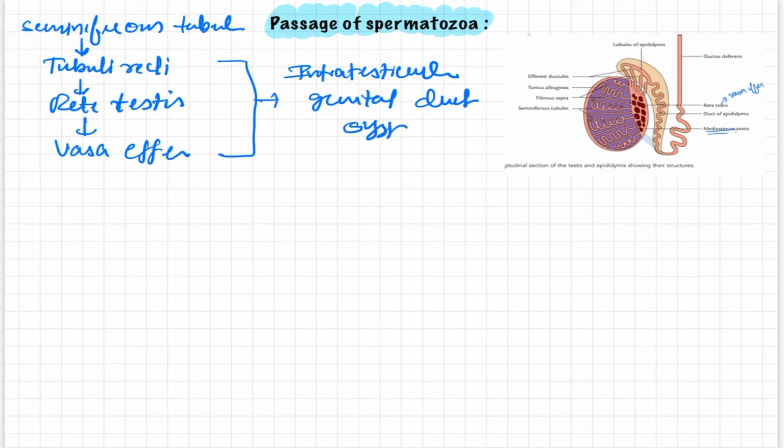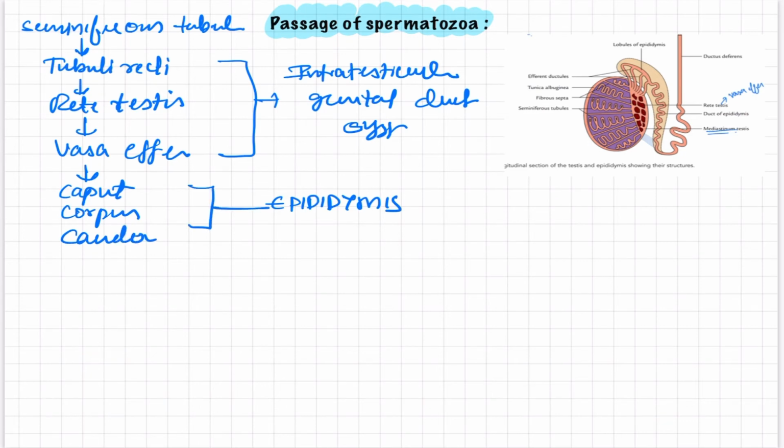After the vasa efferentia, let us move forward. We know that it moves into the epididymis. But to be specific, we have to write that it is first the caput, then the corpus, then the cauda epididymis. All these are the parts of the epididymis. You have to be very specific, so we have to write all this.